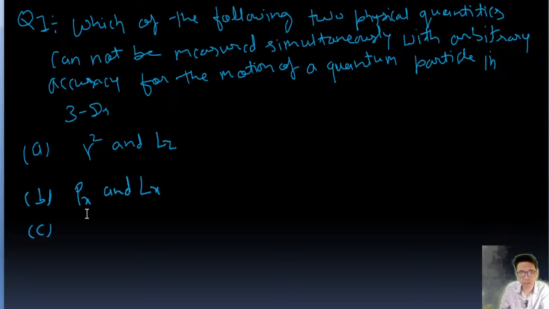Option C is y component of position and z component of angular momentum, means y and Lz. And option D is square of the magnitudes of linear and angular momentum, means p square and L square.